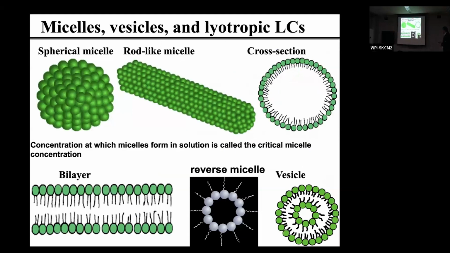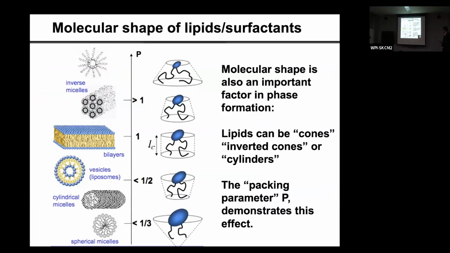These micelles can also take different shapes. Instead of being just spherical, they can become rod-like or other shapes, including brick-like. And you can also form bilayers in a certain concentration range. And also many other configurations can take place that satisfy this requirement of amphiphilic nature of these molecules.